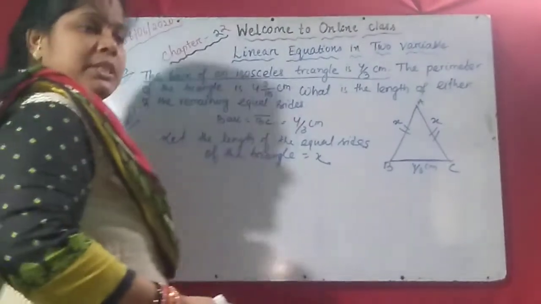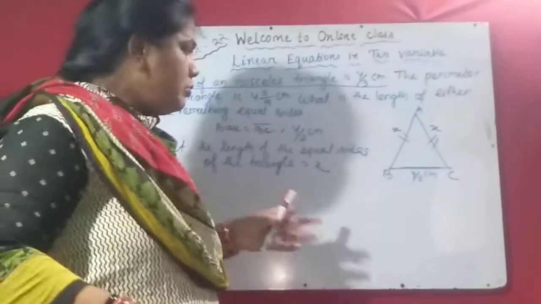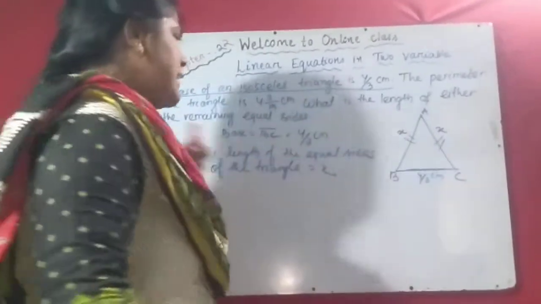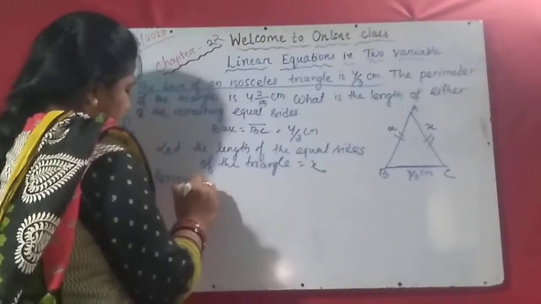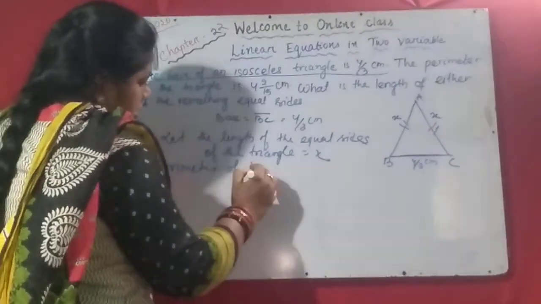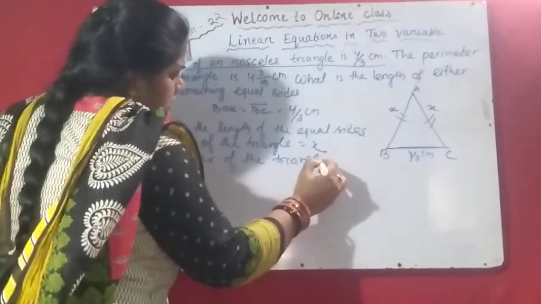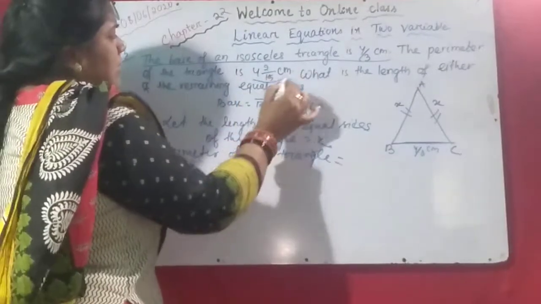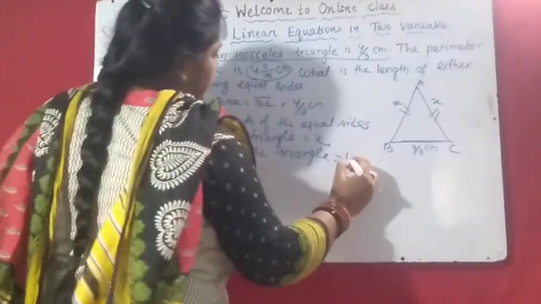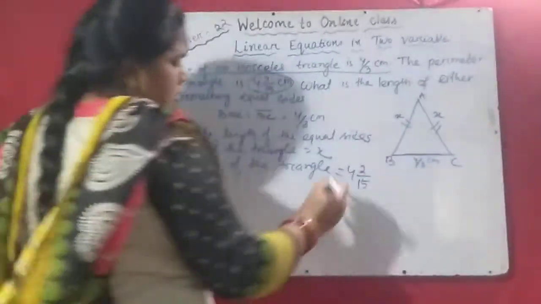Perimeter means the total length of the 3 sides of a triangle. The perimeter of the triangle is also given, that is 2 by 15 cm.